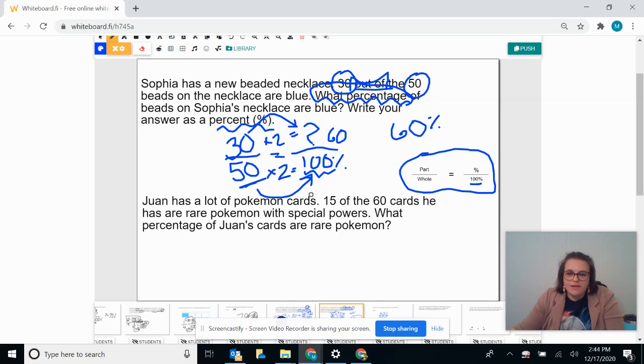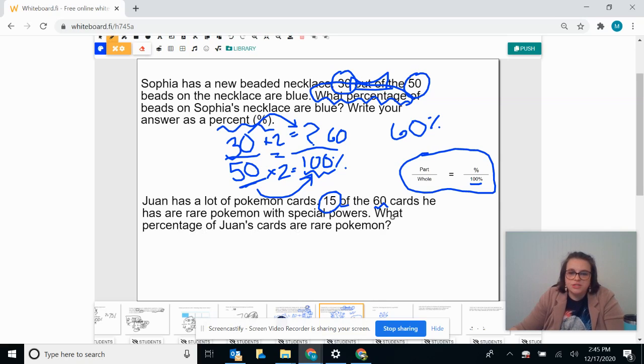But what if our question has a denominator that doesn't go into 100? Let's figure that out first. Juan has a lot of Pokemon cards. 15 out of the 60 cards he has are rare Pokemon with special powers.